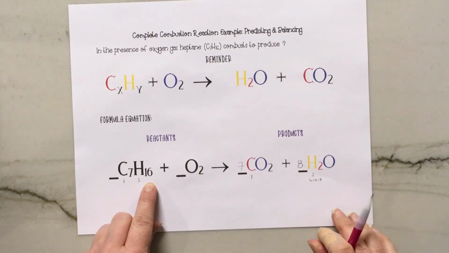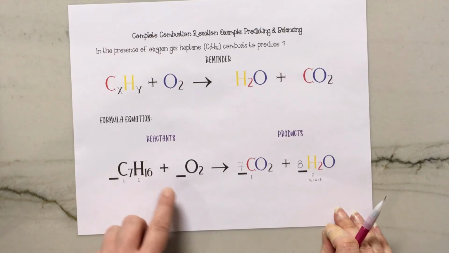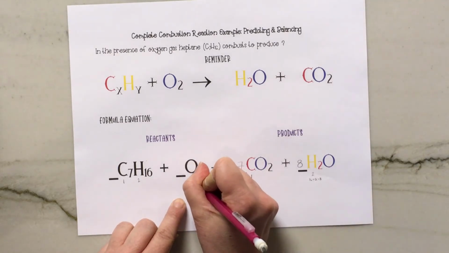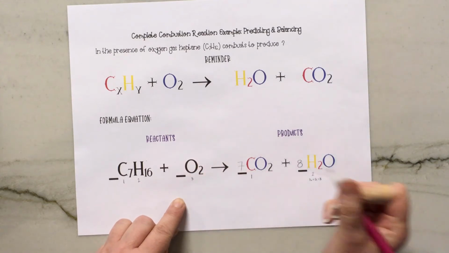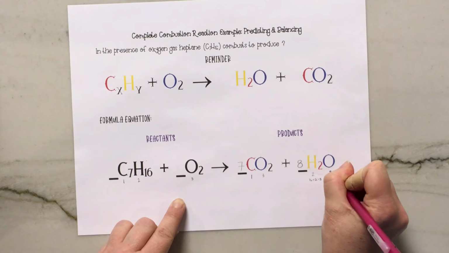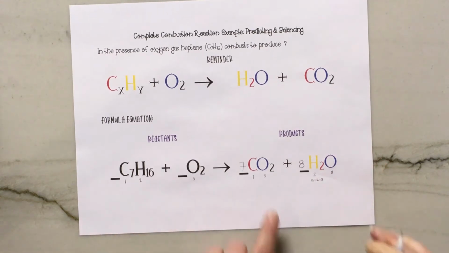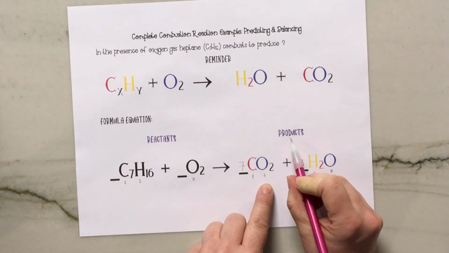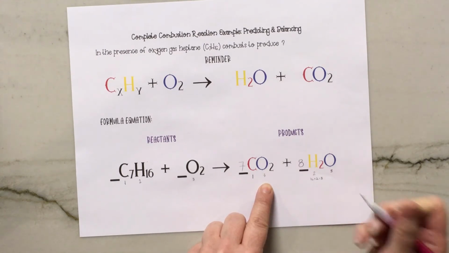Done. Third step is we want to balance our oxygens. So label your oxygens on your reactant and product side. So step 3, and notice oxygens occur twice on the product side. So after you label them, you want to count your oxygens on the product side only.